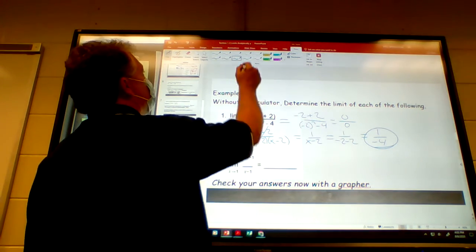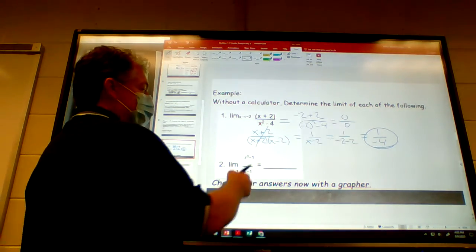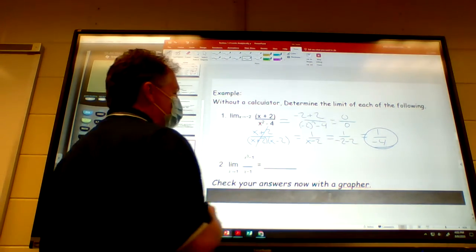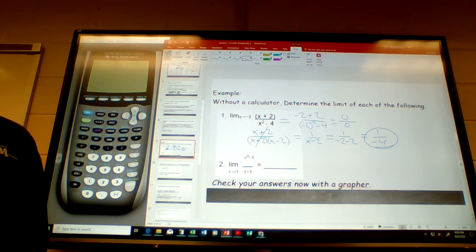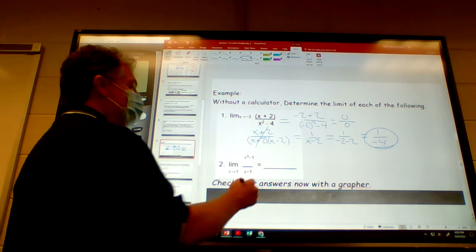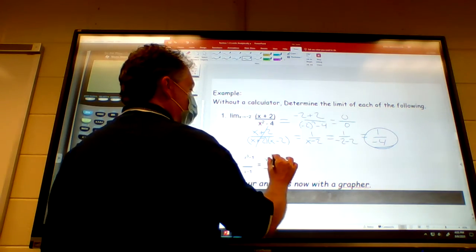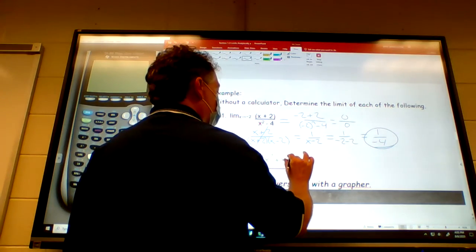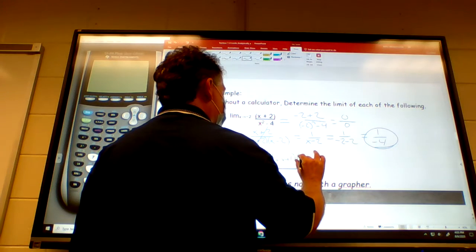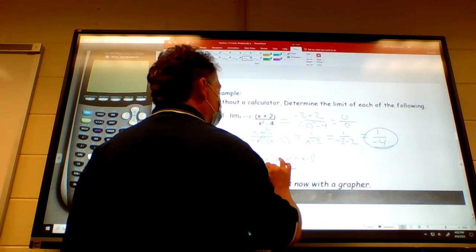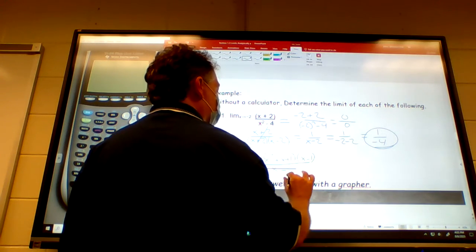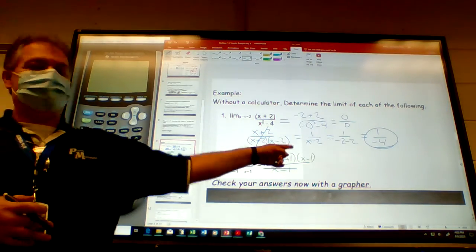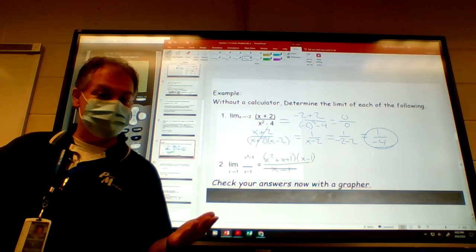All right. And the same thing goes for this one right here. So if I simplify that, it's going to be x cubed minus 1. So the limit of this is going to equal the limit of x squared plus x plus 1 times x minus 1. Now, this equals that. I learned that from looking at an old Algebra 2 book.